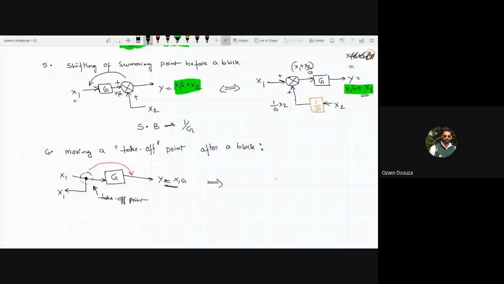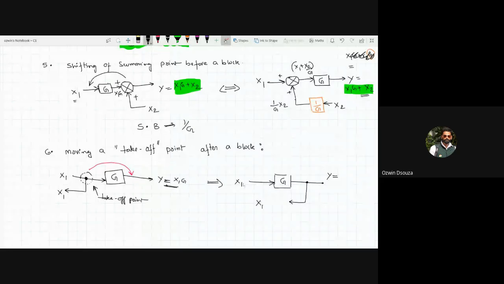So this is your block G. So this is my output. Now, what's the output? So input is x1.